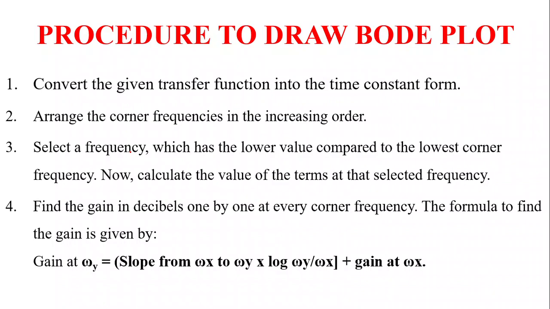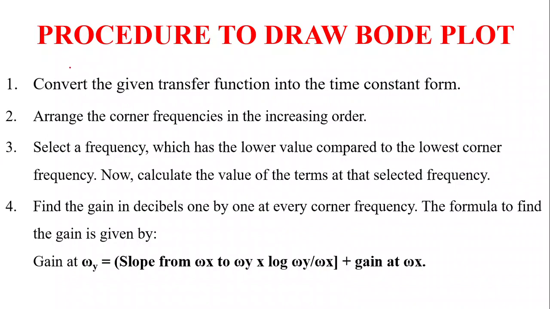If we have higher order, in the sense two or more factors in the transfer function, they contribute gain only when the frequency is greater than the corner frequency. One more conclusion from the Bode plot is that in case of a quadratic factor, the natural frequency is assumed as the corner frequency.